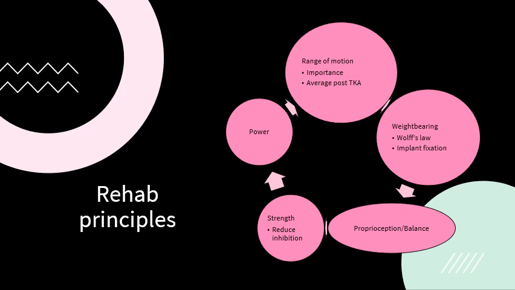Then we move on to strength, and we really want to reduce inhibition. One of the body's psychological or physiological responses to pain and especially surgery is to reduce strength to protect that site, protect those damaged muscles.